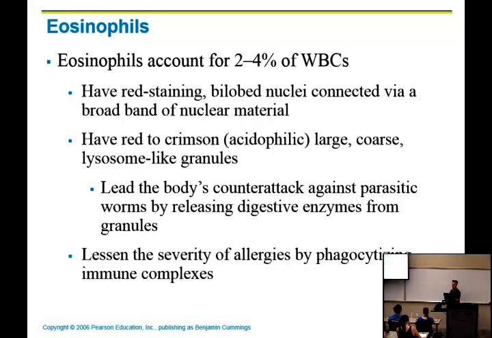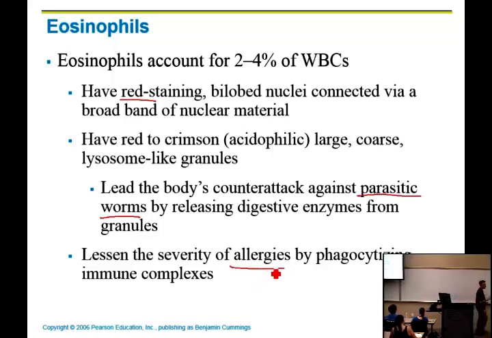Okay, so neutrophils, eosinophils. Eosinophils, we said that they are red staining, they have granules, etc. And what they are specialized for are against parasitic worms, and they're also associated with allergies.